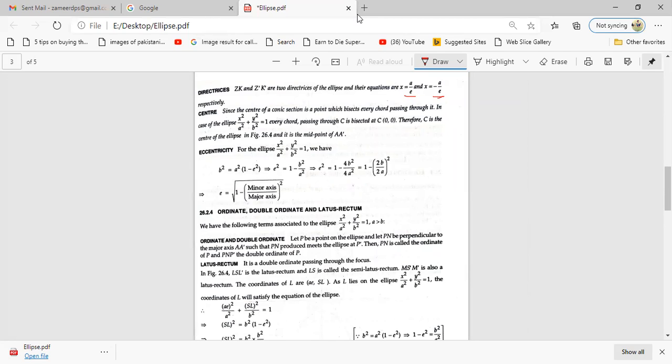Since the center of a conic section is a point which bisects every chord, in the case of the ellipse every chord through C is bisected at C, therefore C is the center of the ellipse. C is the center of the ellipse, that is (0, 0), that we have seen.